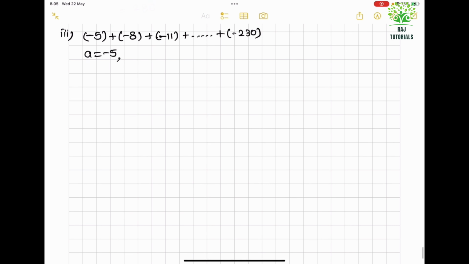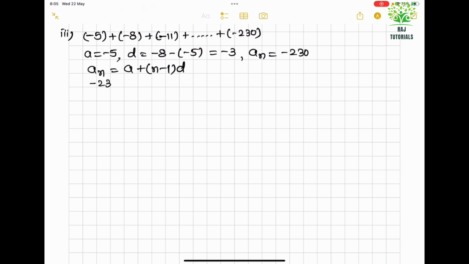So a is minus 5, d is minus 8 minus of minus 5, so minus 3, and an is minus 230. an equal to a plus n minus 1 d. So minus 230 equal to minus 5 plus n minus 1 into minus 3.